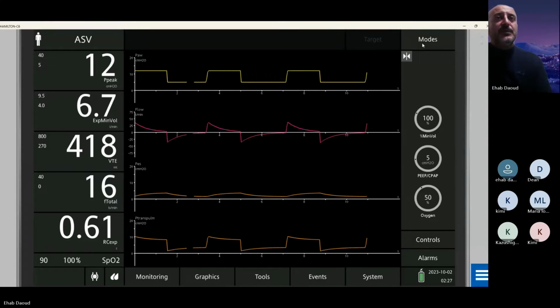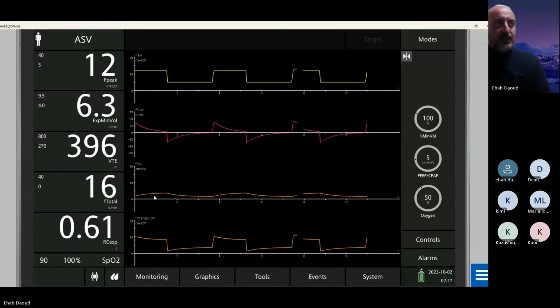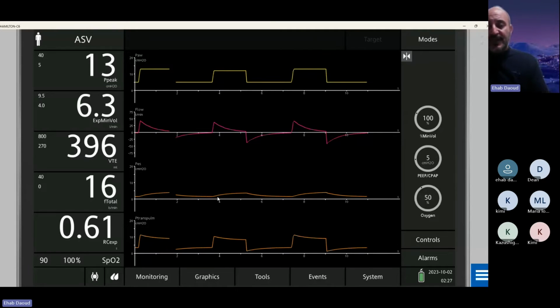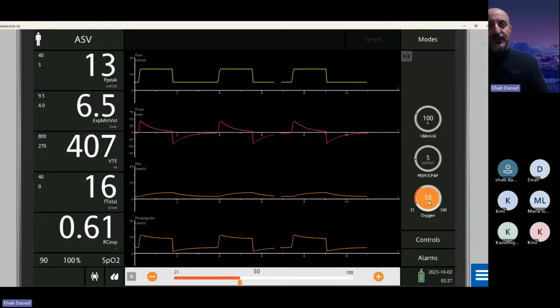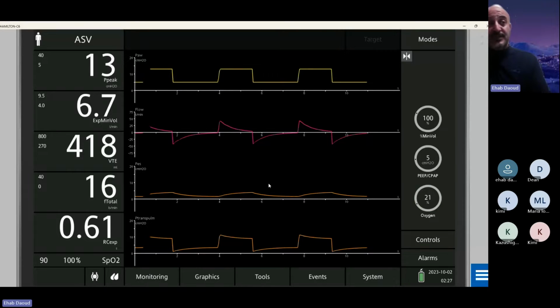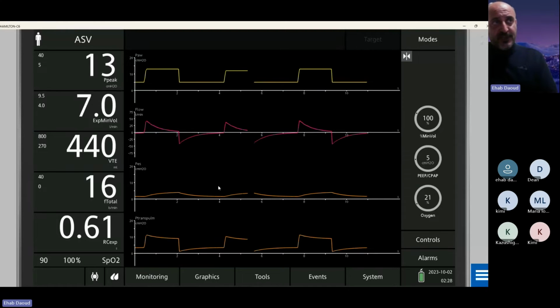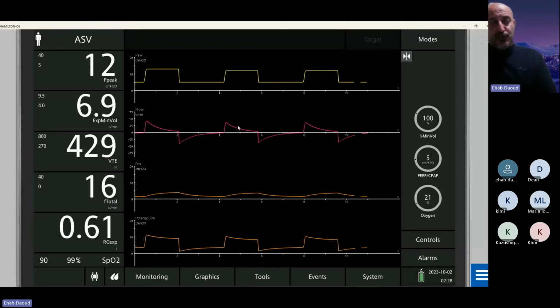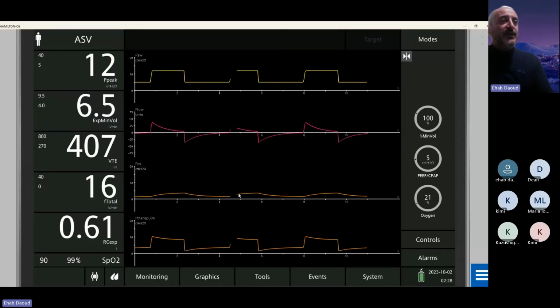Esophageal pressure here, you can see during inspiration it goes up and during exhalation it goes down, but that's in a passive patient, meaning that the patient is paralyzed or has no efforts whatsoever. If the patient is active and doing work, you will usually find before the breath that the esophageal pressure will go down and then the ventilator will trigger. And that helps a lot with asynchronies.